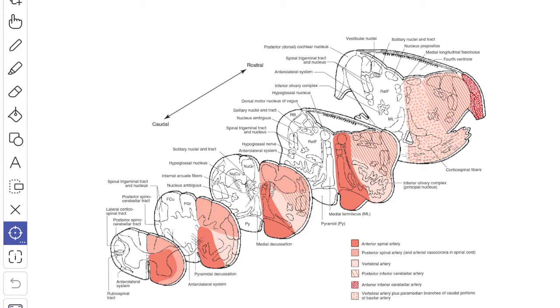So this is the anterior spinal artery and this is the posterior spinal artery and this is the vertebral artery. This is the area distributed by the posterior inferior cerebellar artery and this is the area supplied by the anterior inferior cerebellar artery and this is the area supplied by the vertebral artery plus the paramedian branches of the basilar artery.